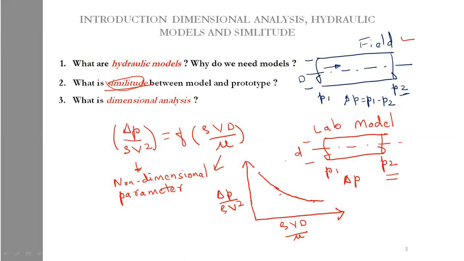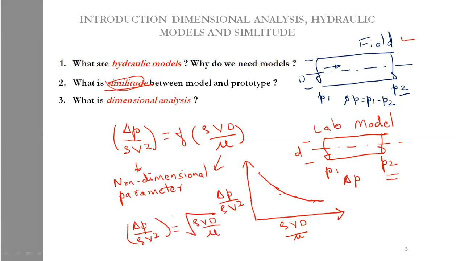All right. So from laboratory experiments on several types of pipes, several types of fluids, several diameters, etc., we can develop a generalized relationship where we can find out a formula for pressure drop, that is delta P. Let us say we find that delta P upon rho V square is, suppose, square root of rho Vd upon mu.